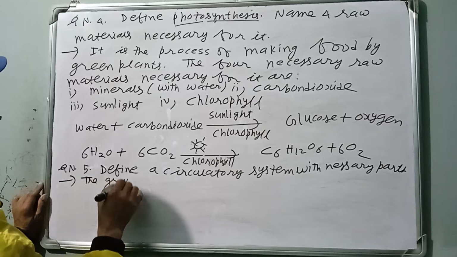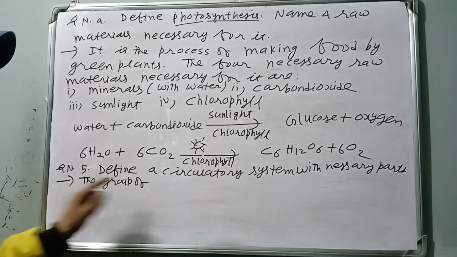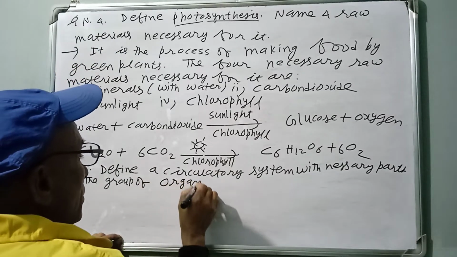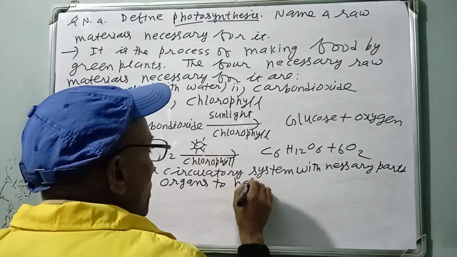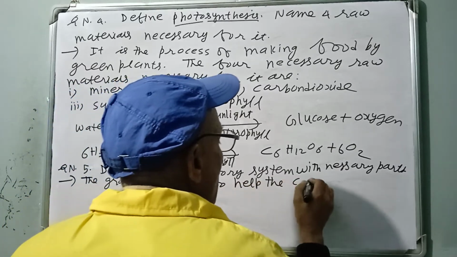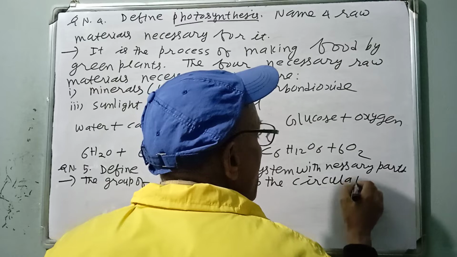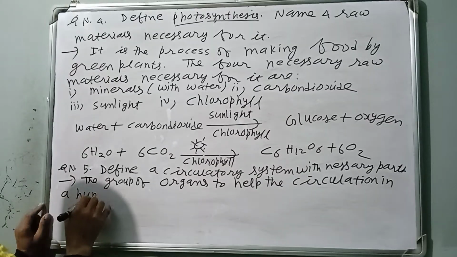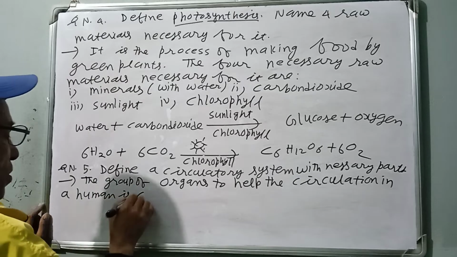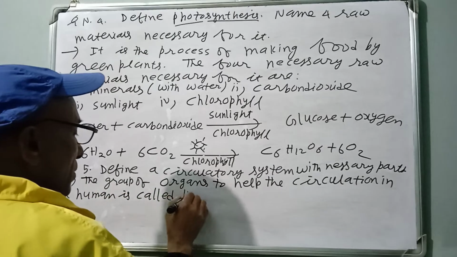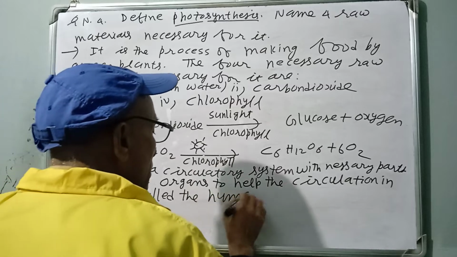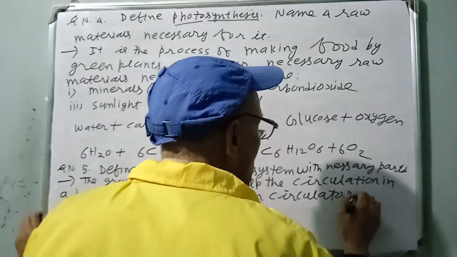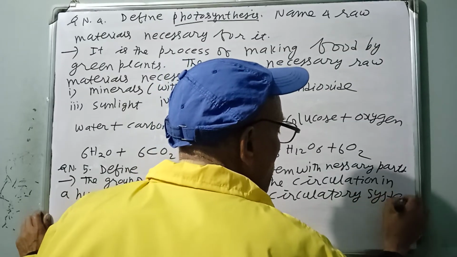The group of organs, if there is a system, the group of organs to help the circulation in a human is called the human circulatory system.